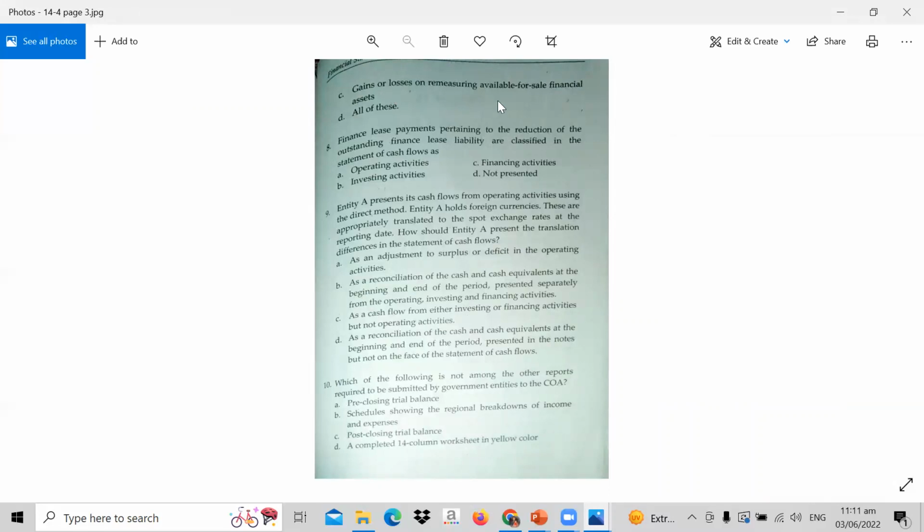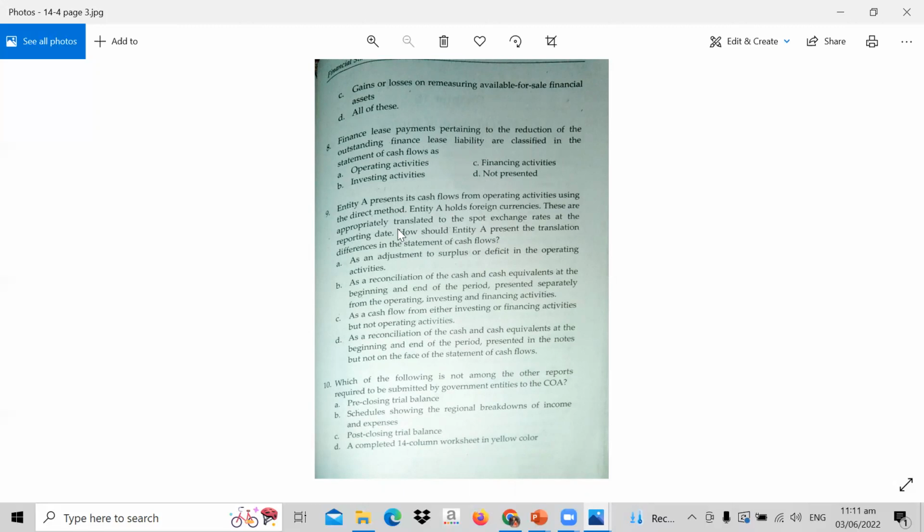Okay, then for number 8, finance lease payments pertaining to the reduction of the outstanding finance lease liability are classified in the statement of cash flow as financing activity. It's part of financing activity. Now for number 9, this is related to foreign currency. Entity A presents its cash flow from operating activities using the direct method, and entity A holds foreign currencies.